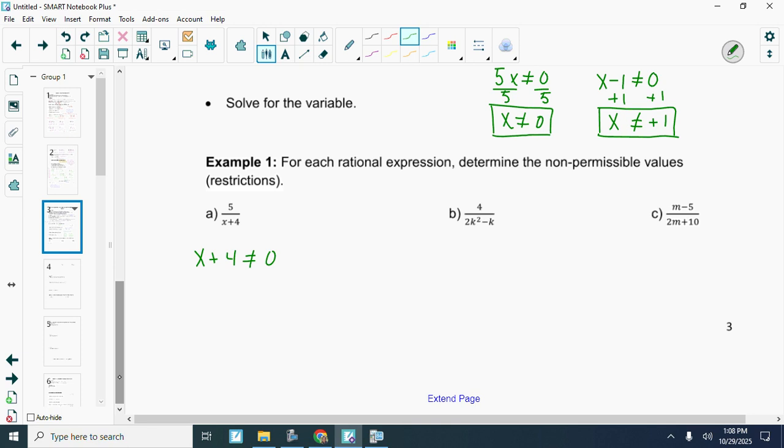Do we need to factor that? No, it's as simple as it can get. All we have to do is isolate for x. When we have a plus 4, we subtract 4 on both sides. So x cannot equal negative 4. That is our NPV.